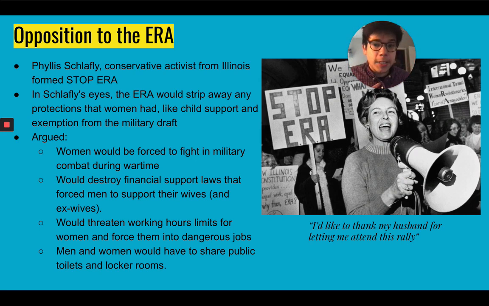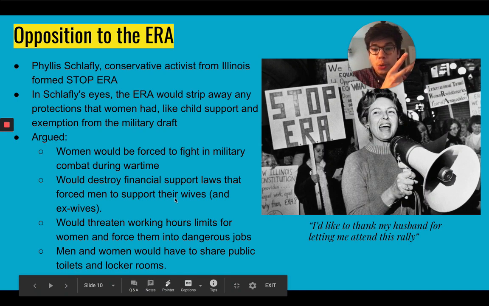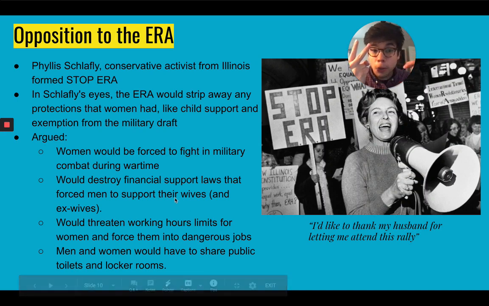Now, in Schlafly's eyes, the Equal Rights Amendment was terrible for women. For example, Schlafly was arguing that women would be forced to fight in the military, right? So she's saying, look, if men and women are going to be equal, think about it. Women will now be treated as equal, and that's bad for women because they would, 1, be forced to fight in the military, 2, it would destroy financial support laws, like alimony or child support.